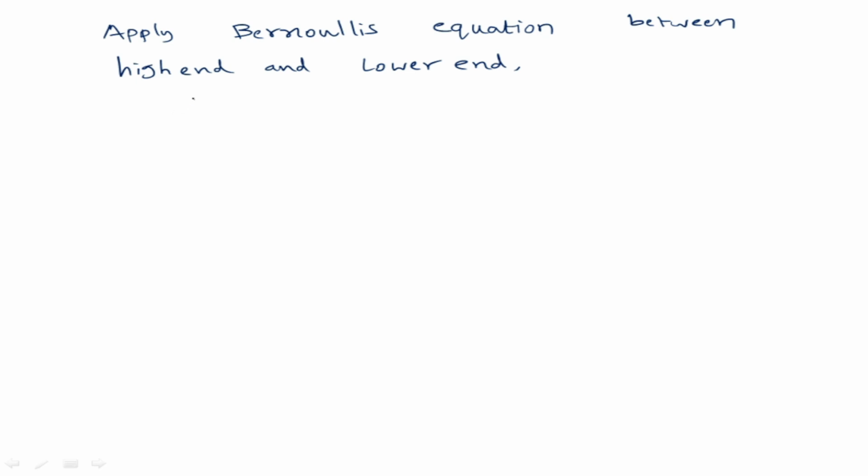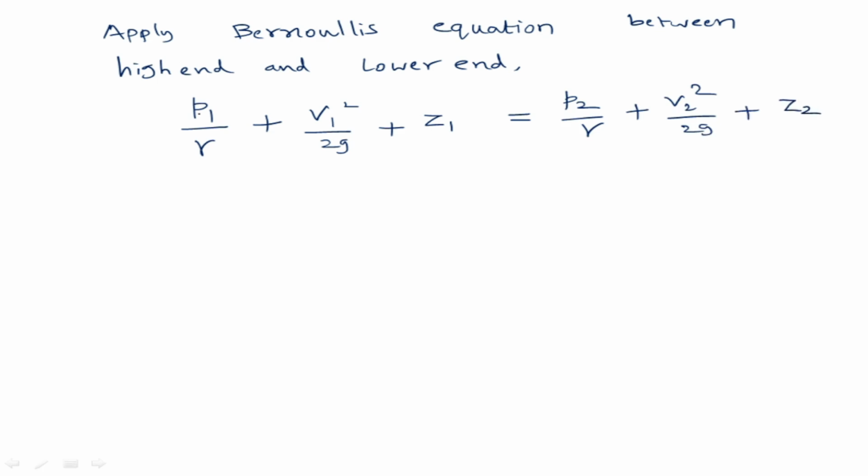Total energy at lower end is P1 by gamma, this is pressure head, plus velocity head, V1 square by 2G, plus datum head Z1. This is equal to total energy at the higher end, which is P2 by gamma plus V2 square by 2G plus Z2. We have to find out the pressure at the lower end. Substitute the values of gamma, V1, V2, Z1, Z2.